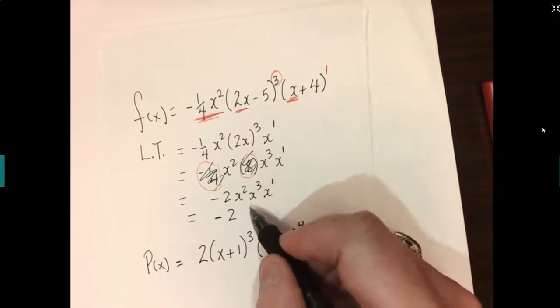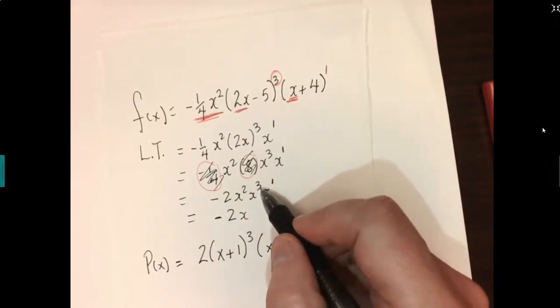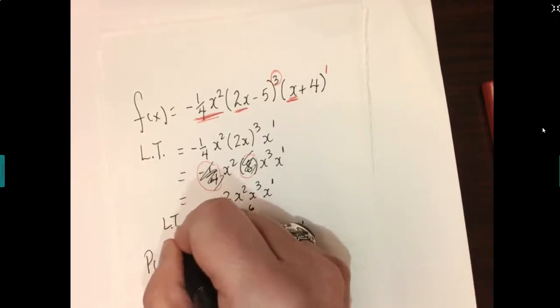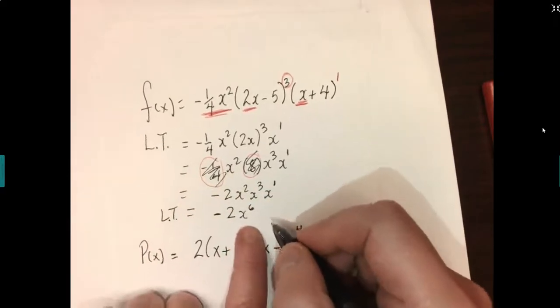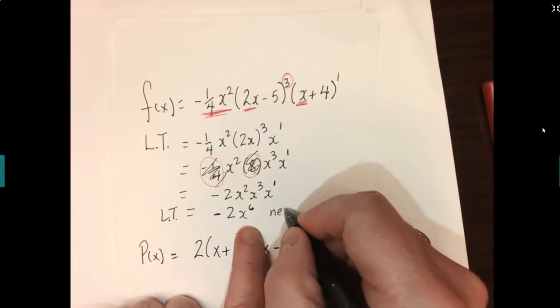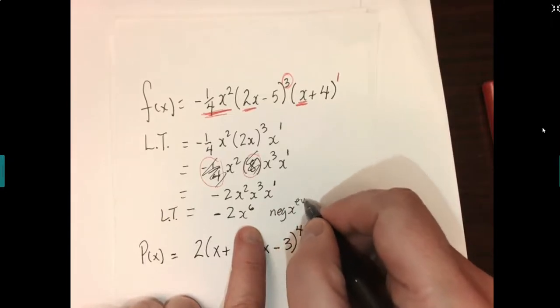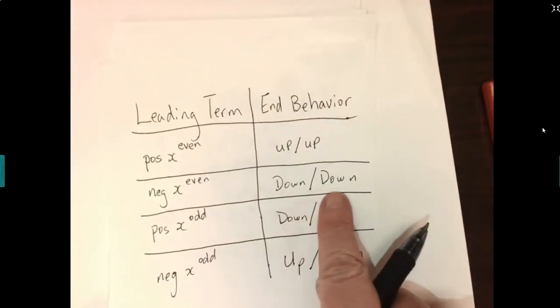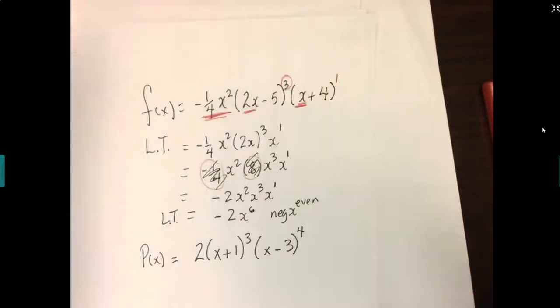And so that's going to give me negative 2 times x to the power of 2 plus 3 plus 1. So that's my leading term. And we can see that my leading term is a negative number times x to an even power. And so again, my end behavior is going to be down, down.